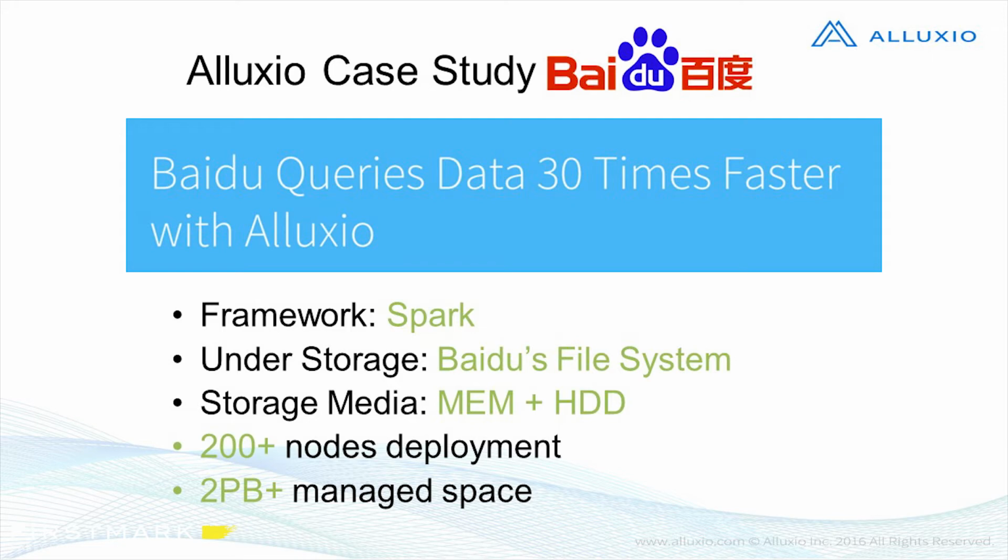And for this particular production deployment, they use Alluxio to manage local memory as well as HDD. We have a tier storage inside Alluxio as well, and they manage more than 200 nodes in this deployment with more than 2 petabytes of memory managed space inside Alluxio. And this has been in production for more than a year.